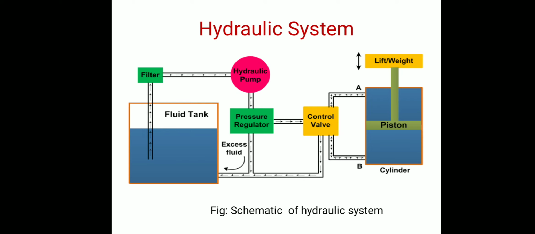The important parts are the fluid tank, filter, hydraulic pump, pressure regulator, control valve, and piston cylinder arrangement. This is the output shaft. This output shaft will give some power, and that power can be utilized to lift any weight. The piston will move in this direction from top to bottom and bottom to top.